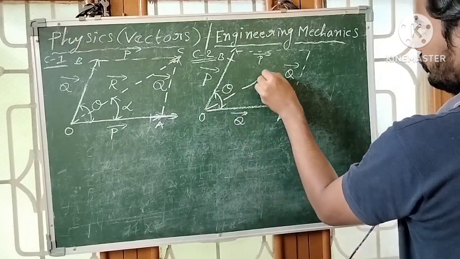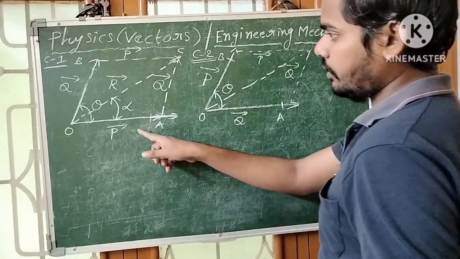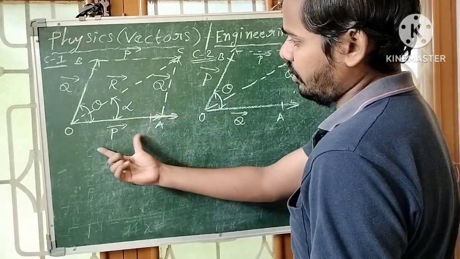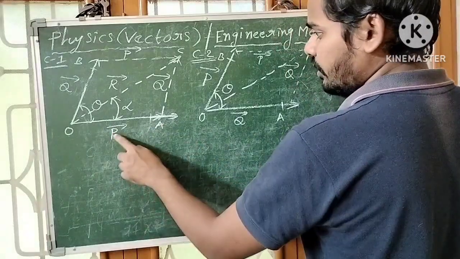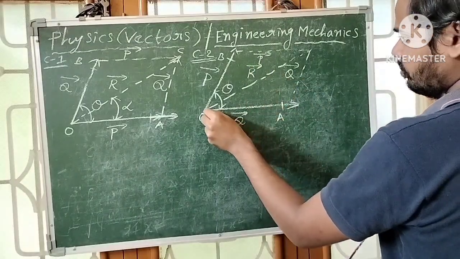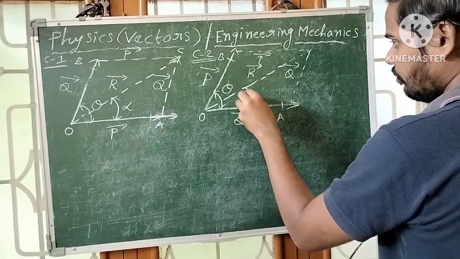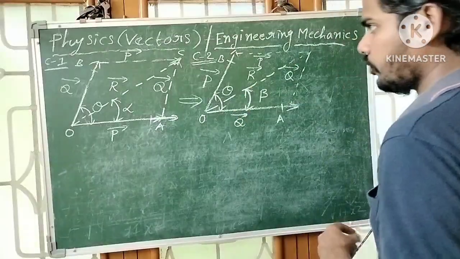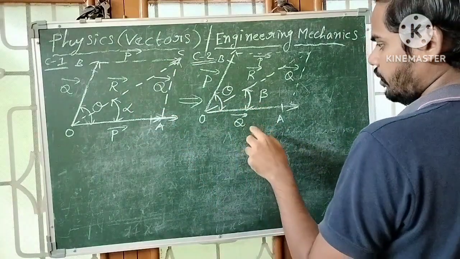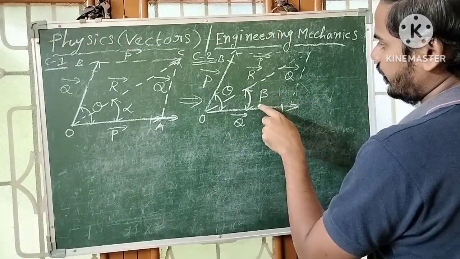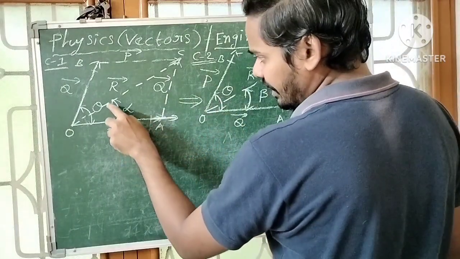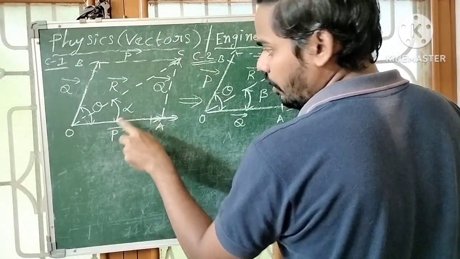Similarly, so in this case resultant R makes an angle alpha with the line OA or with the vector P bar. Similarly, here resultant makes an angle beta with the vector Q bar. So after interchanging the positions of the vectors P bar and Q bar, the resultant R makes an angle beta with the vector Q bar. So before interchanging the positions, resultant makes an angle alpha with the vector P bar.